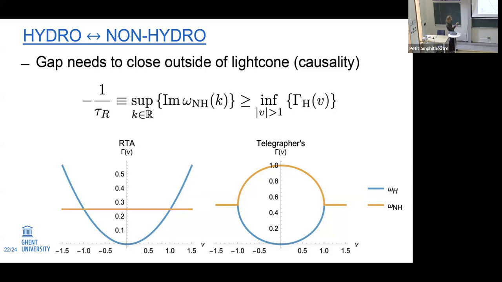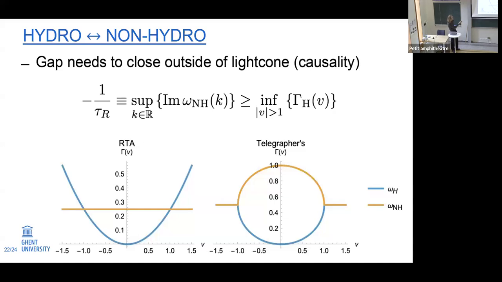So this is, for example, where you have a constant relaxation time approximation, where everything's just decaying at a certain rate. And essentially, if you would put this non-hydrodynamic mode any deeper into the complex plane, it would have a decay rate that's higher, and so it wouldn't be able to cancel the diffusive mode at v larger than 1 or smaller than -1.